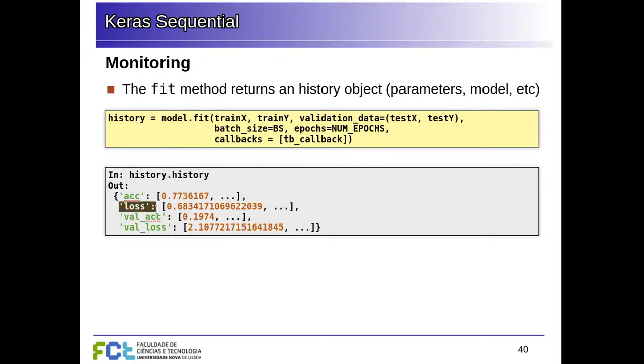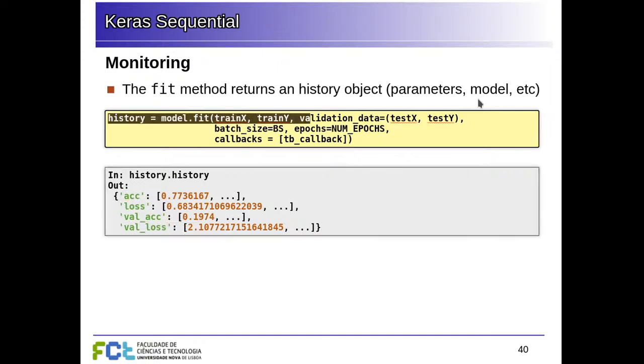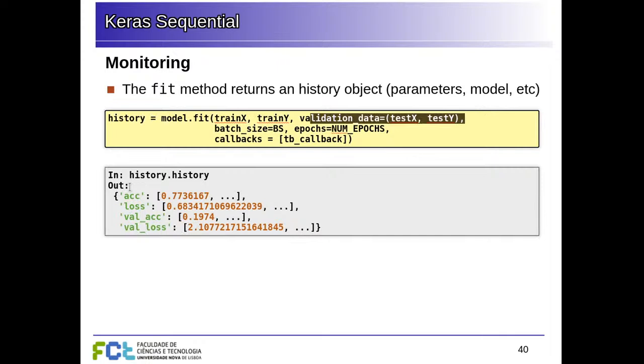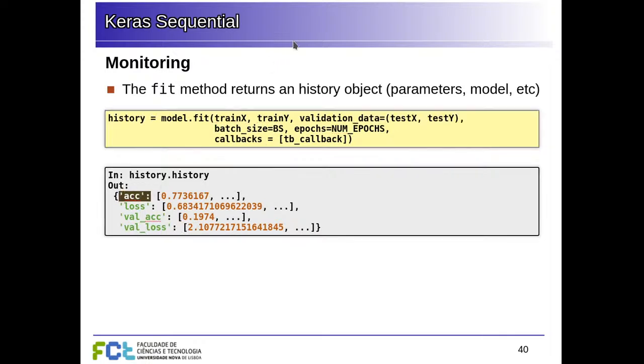So both the loss, this is the training loss, this is the validation loss if you include validation data, and also the metric that you chose. We chose accuracy when we compiled the model, so we have the accuracy on the validation set and on the training set, and so you can keep this object if you want to plot these things yourself.